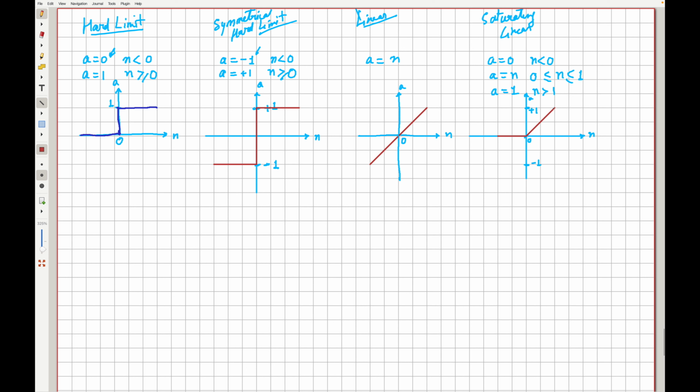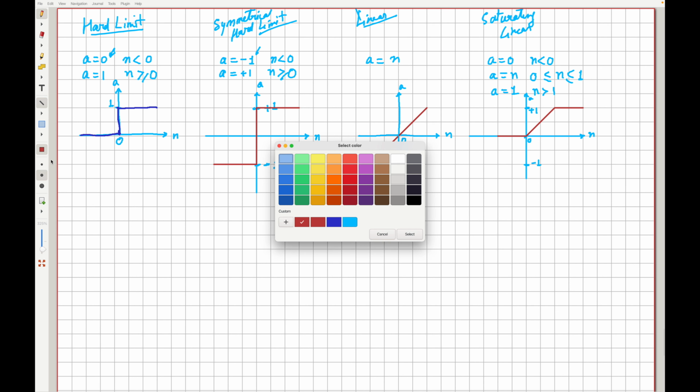But if the values are greater than or equal to 0, but still less than 1, then we see something like this. Again, as soon as the values of n are greater than 1, then we see that this will again cap, sort of saturate, at 1. So we need to label the x-axis here.